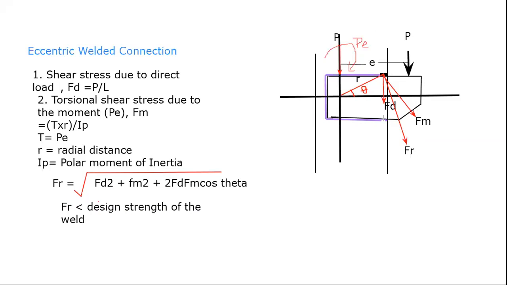Now, how will you find out the design strength of this weld? Design strength of the weld can be found out from IS 800-2007. You can write it down.